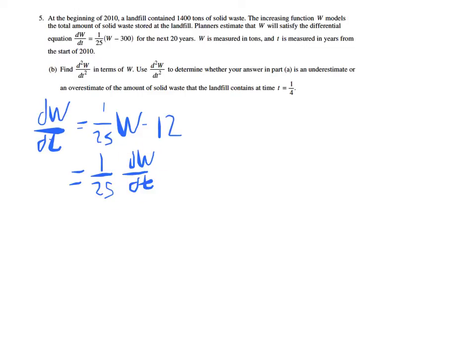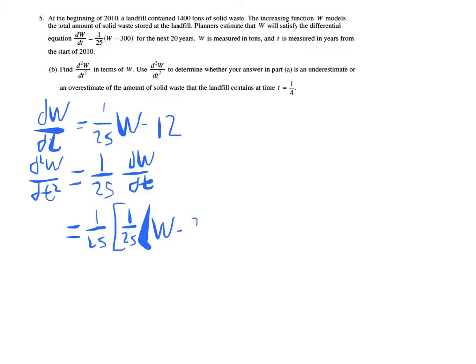Because I have this dW/dt, I want to now plug back in my formula for dW/dt. So the second derivative, this is now the second derivative, equals 1/25 times (1/25 times W minus 300).